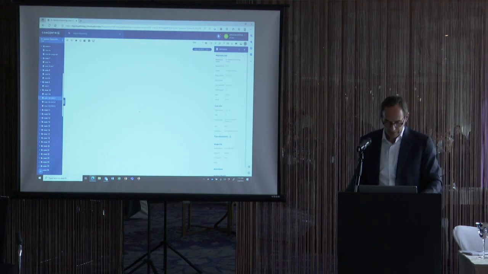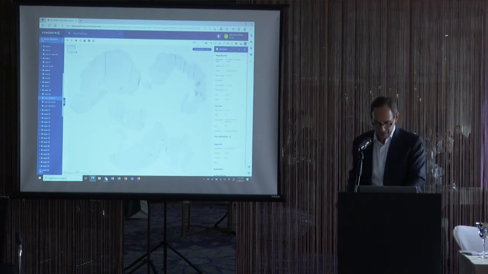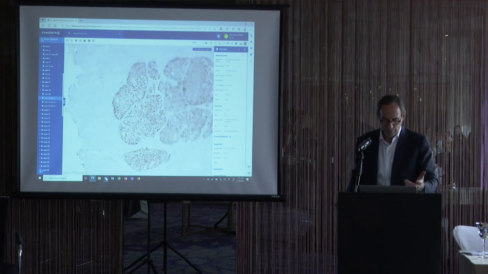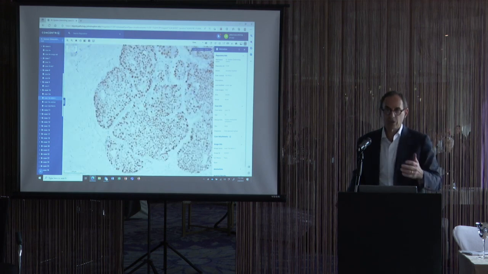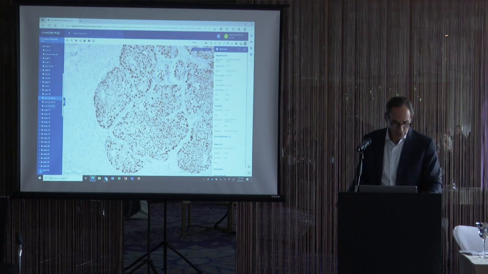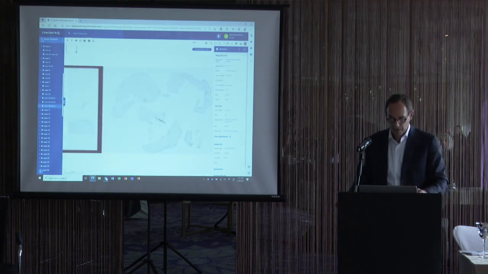Here's the NKX3.1. You can see it's beautifully positive, and as I've mentioned, this is a very specific stain, so it goes along with morphology. This is prostate cancer, no question about it. I mentioned the other marker, P501S.